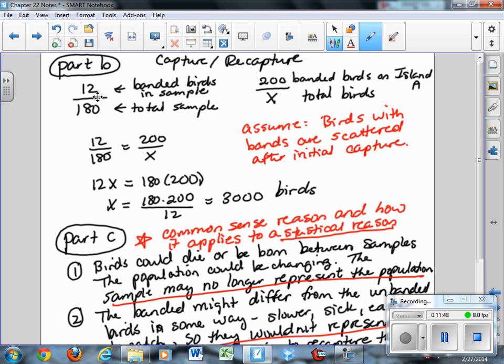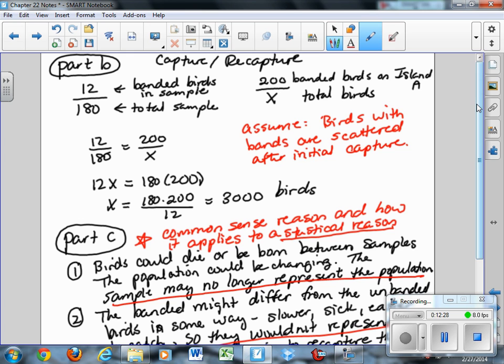So assuming, and this is kind of a big assumption, that the birds randomly scattered their way back through the population, not all clustering in one part of the island, but flying around and getting all mixed up with the other birds, then we could set up a proportion: 12 out of 180 equals 200 out of X, and so the population would be about 3,000 birds. This recapture method is actually the way that naturalists often estimate the population of a wild animal.